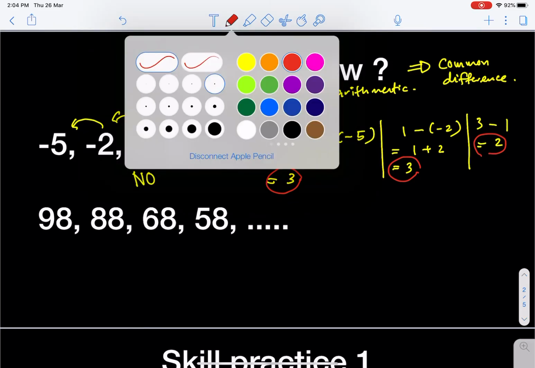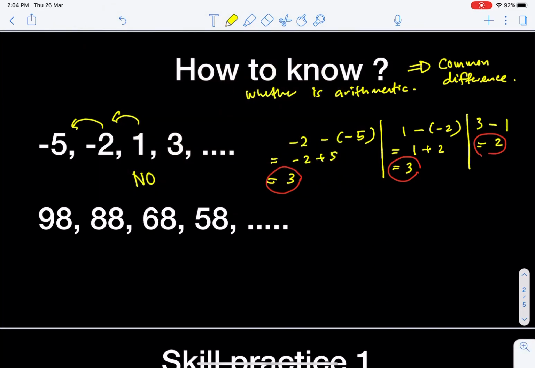The next one here, we have 98, 88, 68, 58. Okay, so 88 minus 98 will give us 10. Negative 10, sorry.